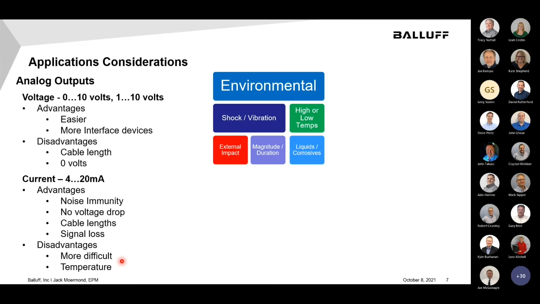So you need to find out what the environmental condition is like. What's the temperature range going to be? If there is shock and vibration, what's the magnitude or how often is that going to happen? And also what kind of liquids or corrosive material might be around that particular device.